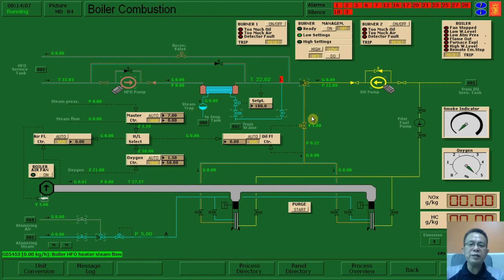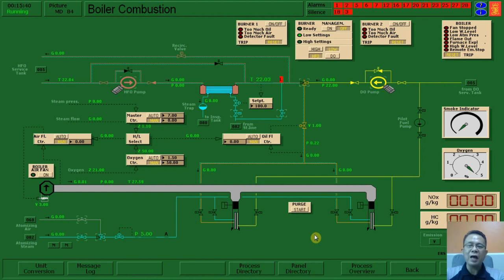Now, before starting the boiler, let us fire up our burner. But first, we have to purge the furnace. What do we mean by purging? Purging means to exhaust unburned gases from the combustion chamber before ignition so that gas explosion can be prevented.